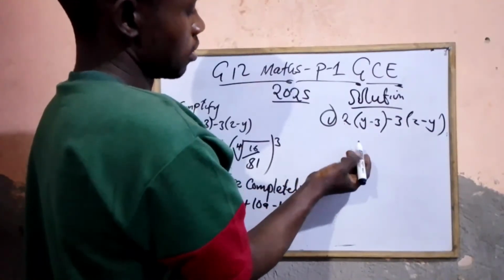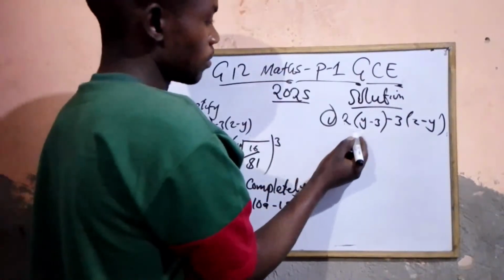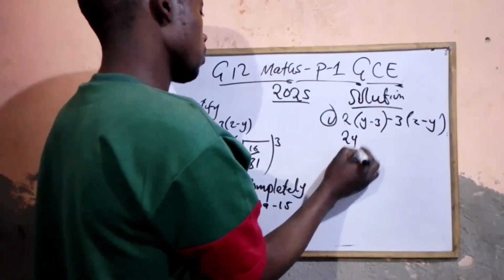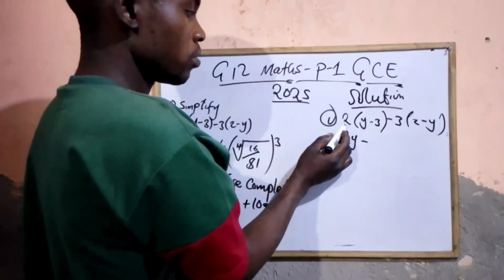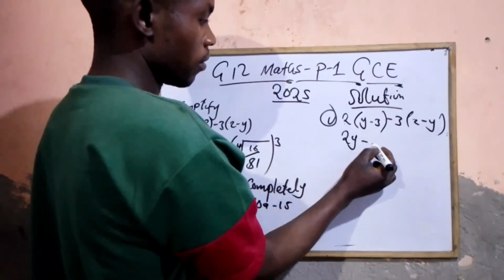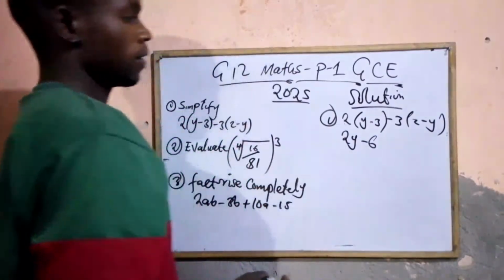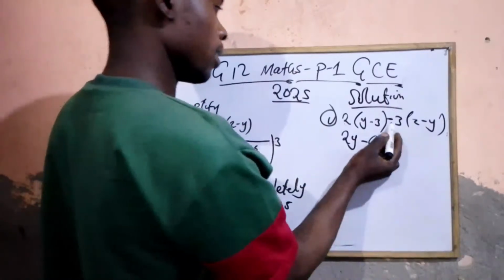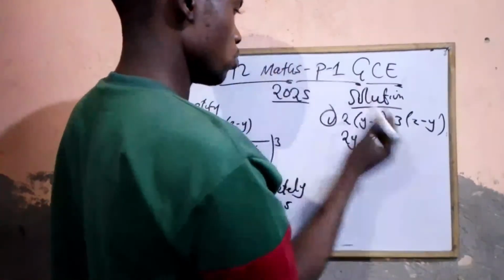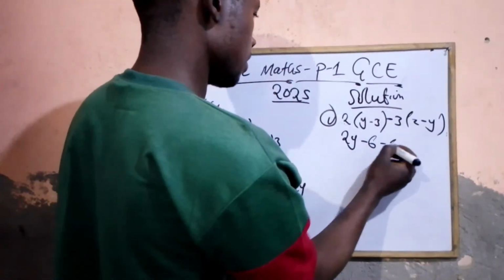So 2 times y, we're going to have 2y, and 2 times negative 3, you're going to have minus 6. And remember here we have negative 3. So negative 3 times 2, you're going to have minus 6.